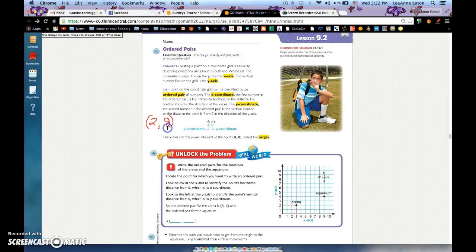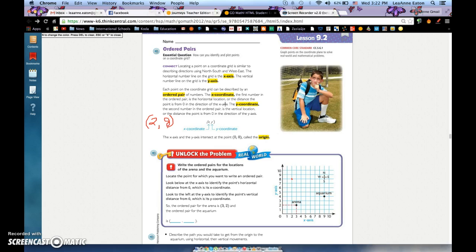If I did this to write my ordered pair, I would go over 2, and then I would go up 1, 2, 3, 4, 5, 6, 7, 8, and I draw a little dot on the 8, and that would be my ordered pair right here.